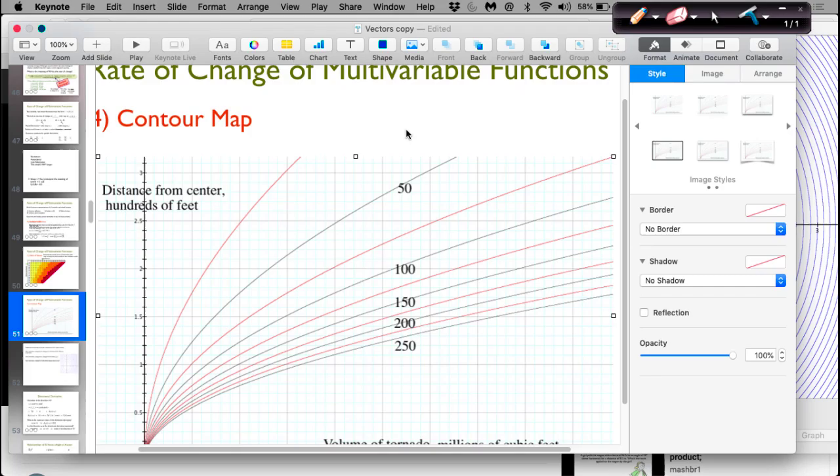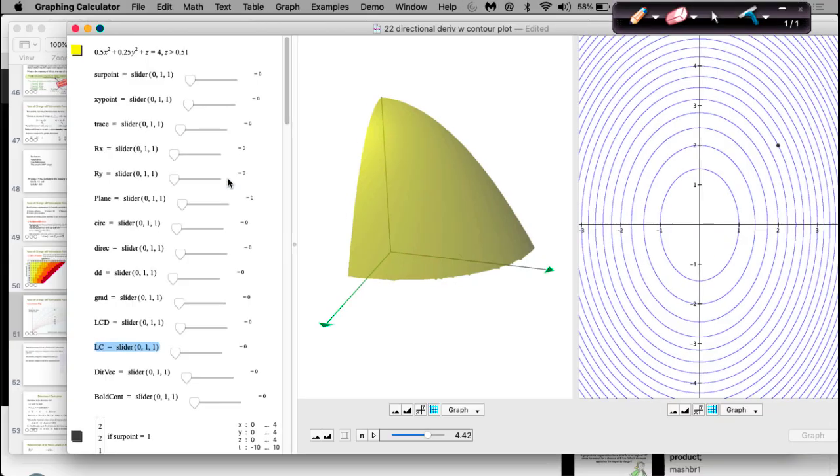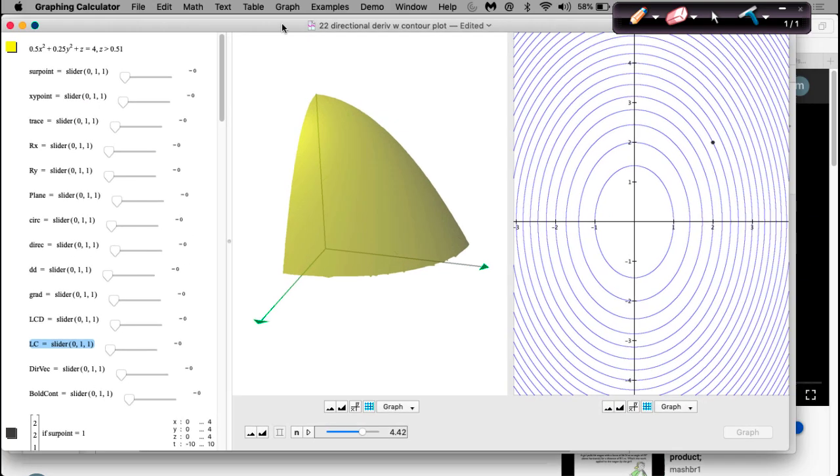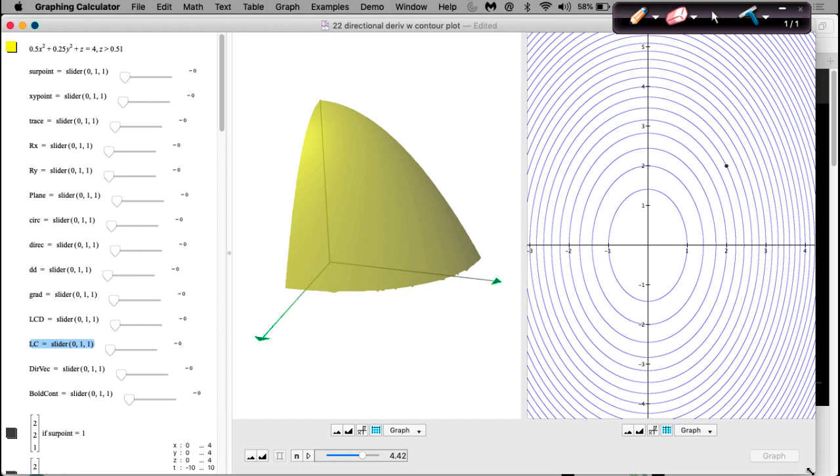Okay, so let's look at this. Here I have a contour map over here to the right. And just coincidentally, I'm focusing on the same point, the point 2, 2 over there. So now I'm interested in a rate of change in any direction from that point.